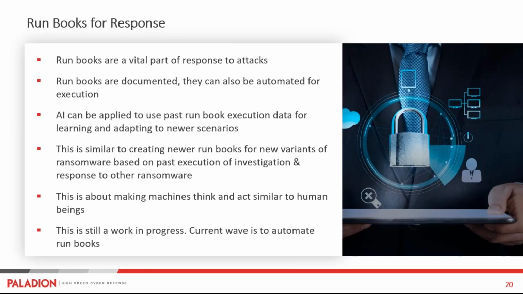For that reason, runbooks have become very popular. Organizations today are focusing on creating runbooks. Many of those runbooks are documented and executed manually, but the focus has always been to automate the execution. We can use AI also as part of the runbooks. It can be used to identify new scenarios and take actions quickly based on certain presets and conditions.